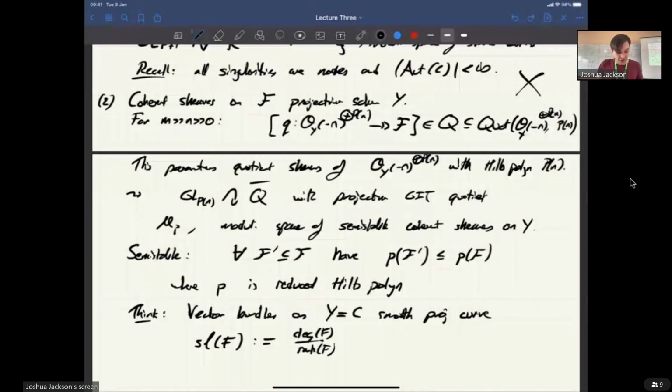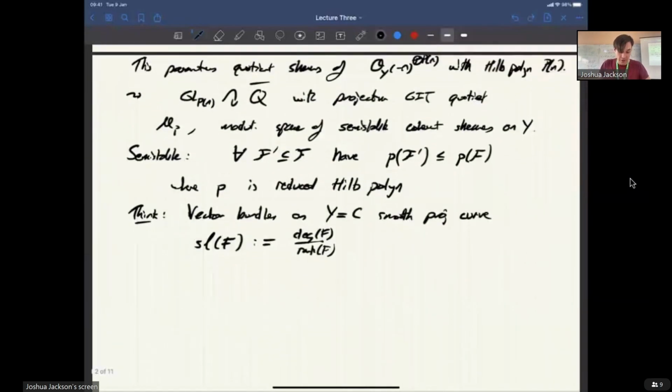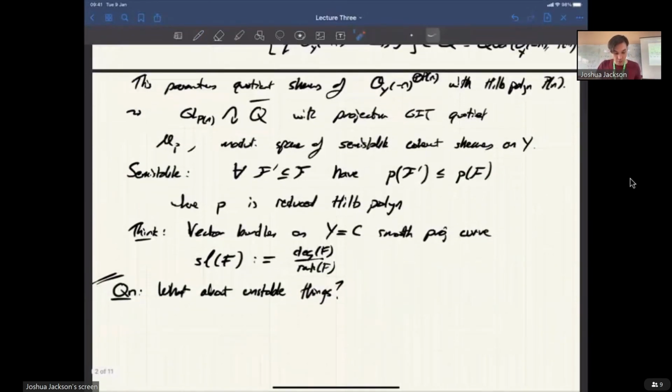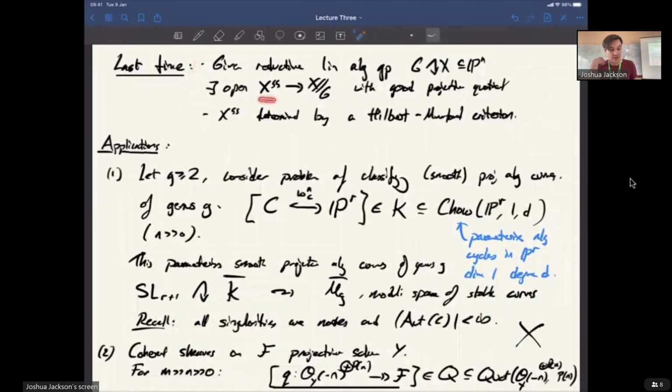Okay, so that's just a quick canter through two of maybe the most famous applications of the reductive theory. Before we move on to what I really want to talk about this time, which is what about unstable things? What we saw last time was that in this situation, you get this open, nice semi-stable locus, and it has a good quotient, and it's projective, and that's all very well.